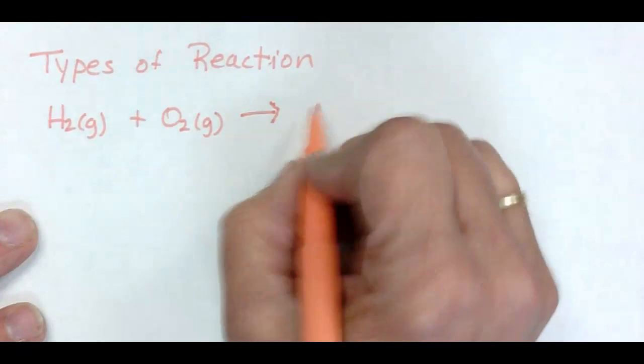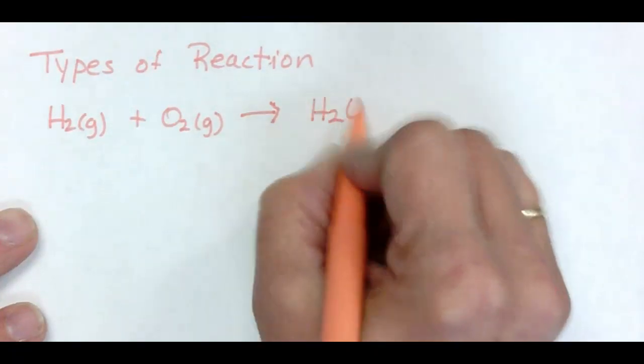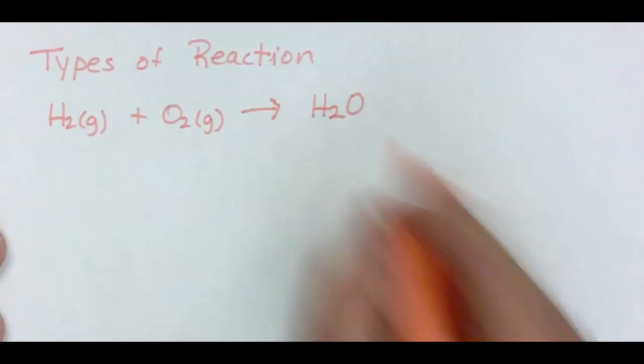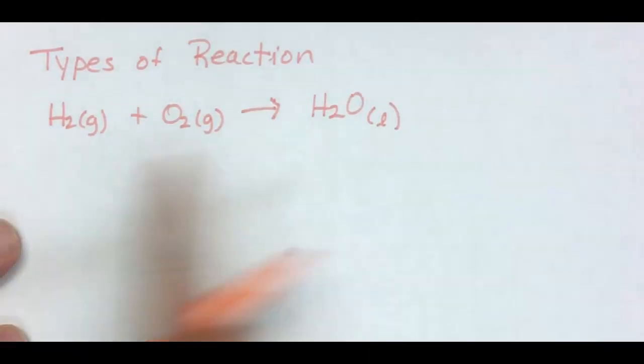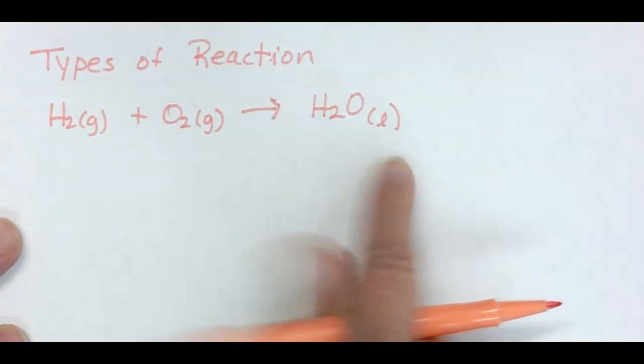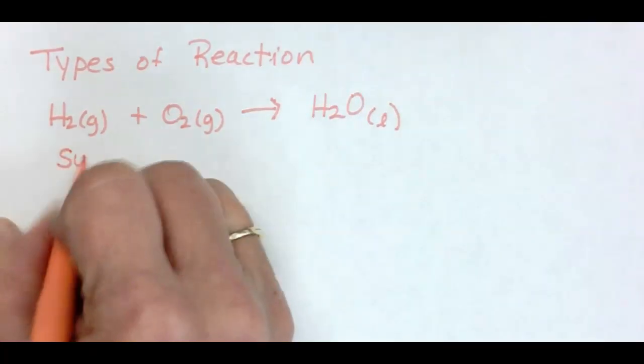It would be our catalyst there. We'll get water, okay, which is a liquid. So when I take two things and I put them together to make one, this is called a synthesis.